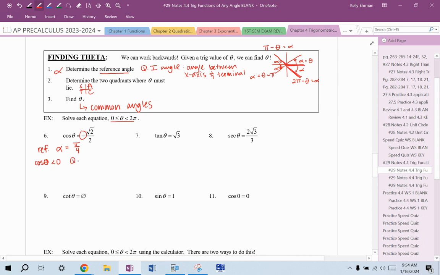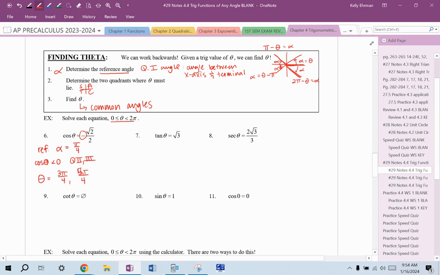That happens in quadrants 2 and 3. When we're doing common angles, we don't have to think too hard about this, but basically give me the pi over 4 angle that's in quadrant 2, 3 pi over 4, and give me the pi over 4 angle that's in quadrant 3, 5 pi over 4.